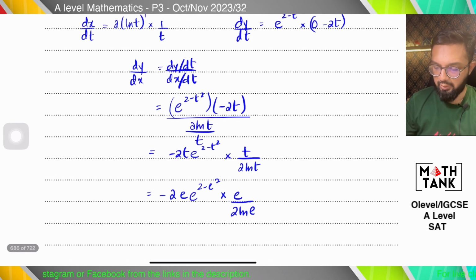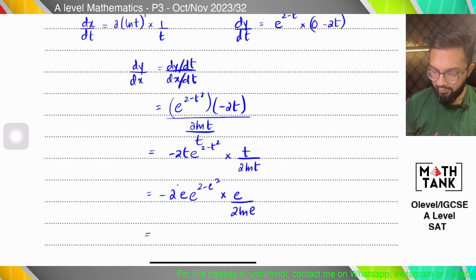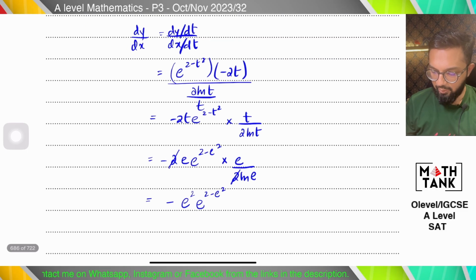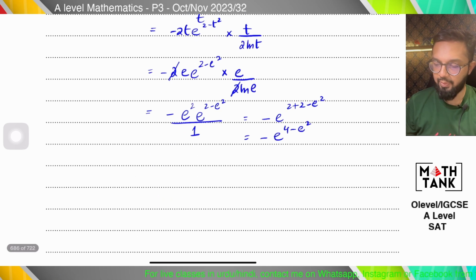Okay, so let's see what we get. So 2 and 2 cancel out. Minus e square, e power 2 minus e square, over ln e, which is 1. So I get the powers added for e. It's going to become 2 plus 2 minus e square. That's minus e to the power 4 minus e square.